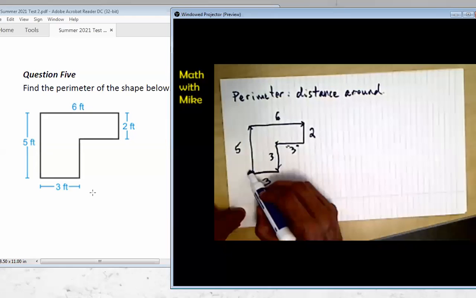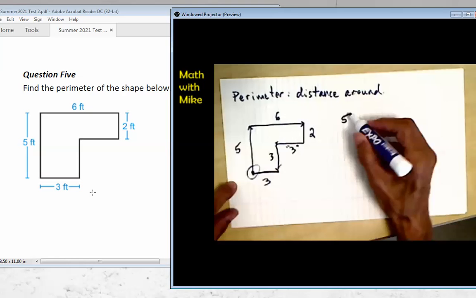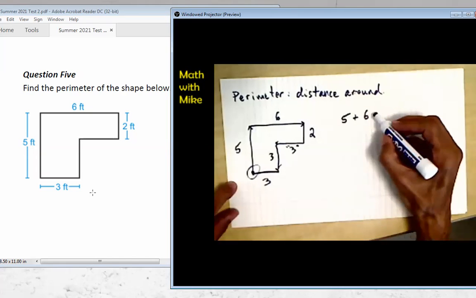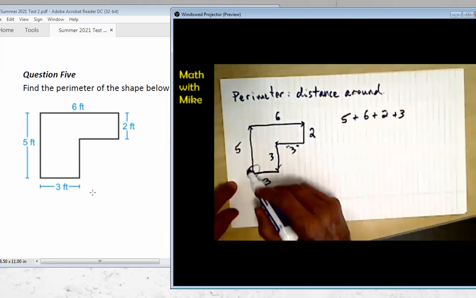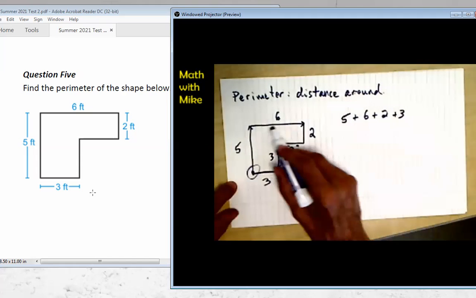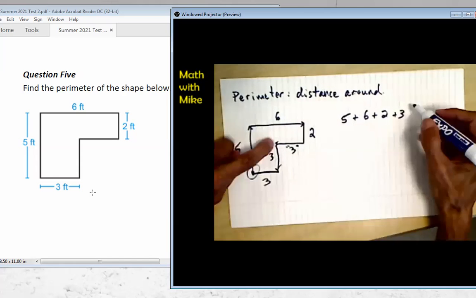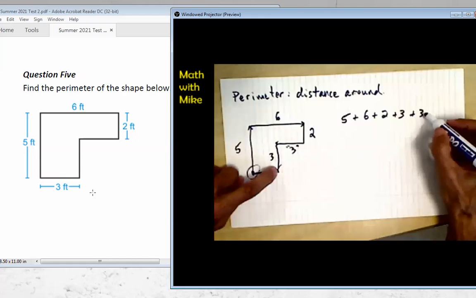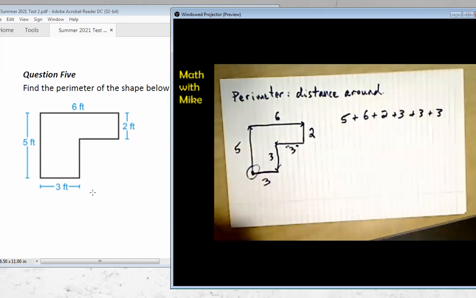So starting there means we go 5, and then a 6, and then a 2, then a 3, just going around. We're right there. One more 3, and then one last 3 to get back to where we started. Notice I circled it so that we didn't go around too far, right?